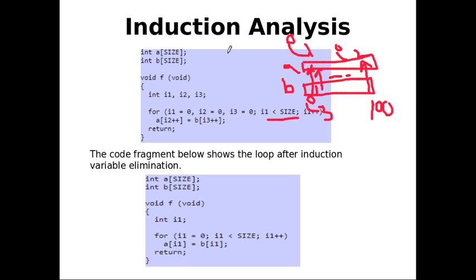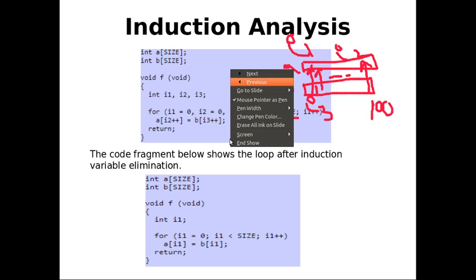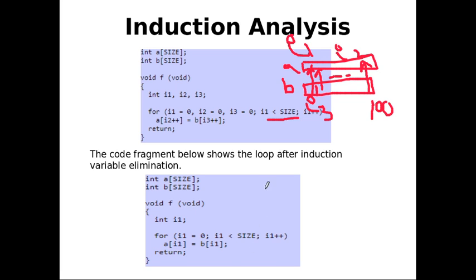Now observe. When you have such type of code, if you are optimizing properly, it is not required to maintain the A and B array indexes. Here all the three variables are initialized with 0. Then based on my array size, I am repeating the process. When I am not required to use I2 and I3, simply I am writing I1 initialized with 0, I1 less than size.